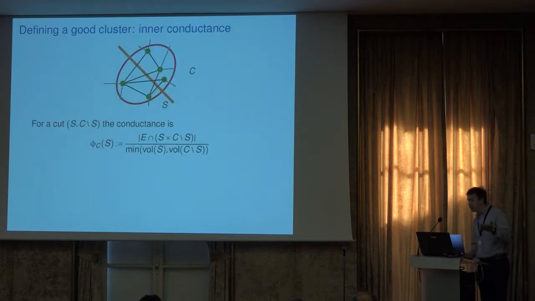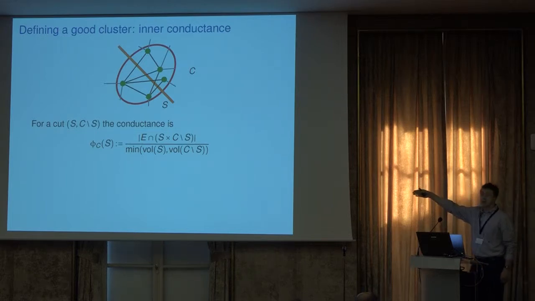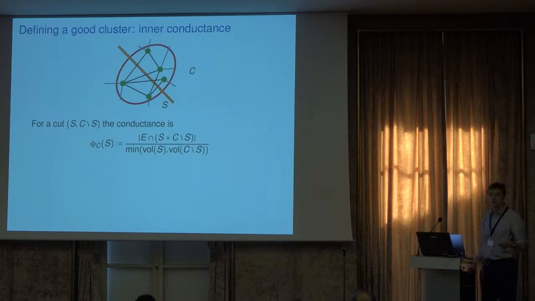Okay, well first, what does it mean for an induced subgraph to be a good cluster? So here we have a subset of vertices C, or an induced subgraph, and we quantify the notion of a good cluster using inner conductance. So here for this cluster C, for every cut S in the cluster, the conductance of S in C is nothing but the number of edges that cross the cut, normalized by the volume of the smaller side of the cut.